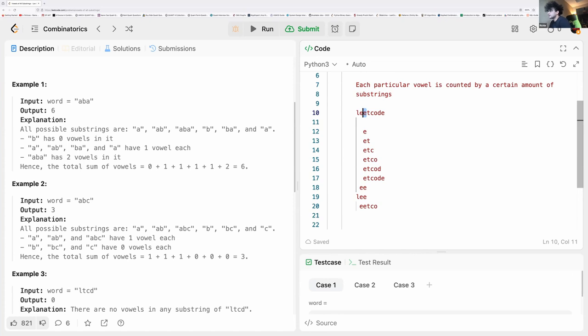The left side of the substring could be as far left as L, and the right part of the substring could be as far right as the final E. So we choose some left side and some right side, and we can multiply those together to figure out how many times that vowel is counted in our final answer. Again, there are a lot of substrings for this one.